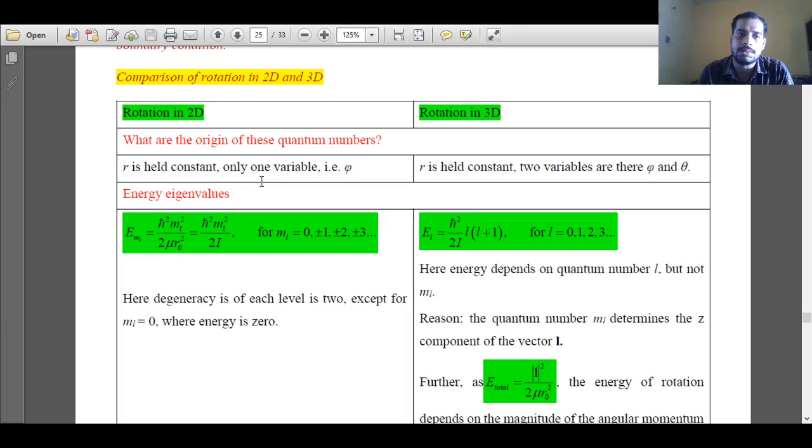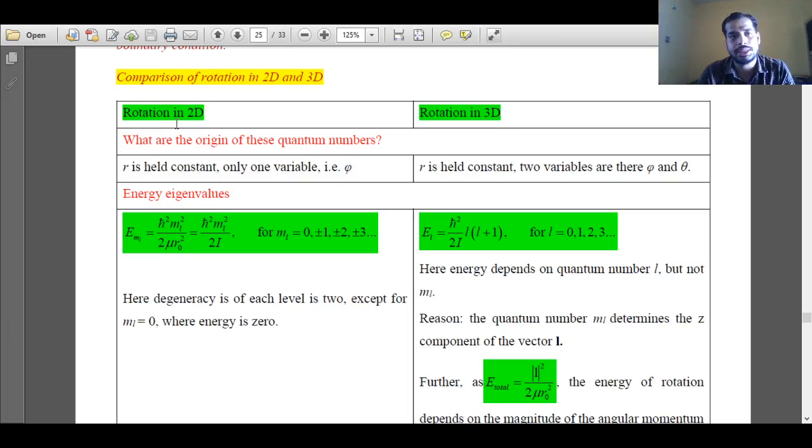One is the r variable, the distance from the origin, and the other is the phi variable, the azimuth angle. But we have taken the distance from the origin to be constant, that is, r is r0. So only one variable is there. That's why the one variable, the azimuth angle phi, will give rise to only one quantum number, and that quantum number is ml.